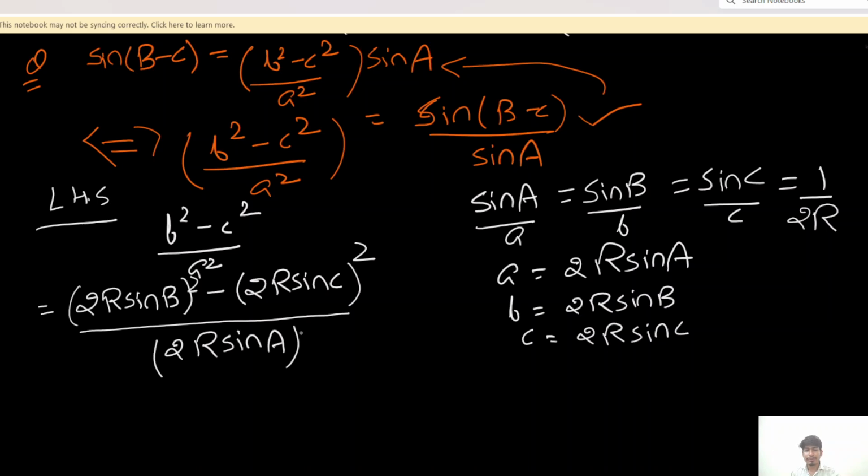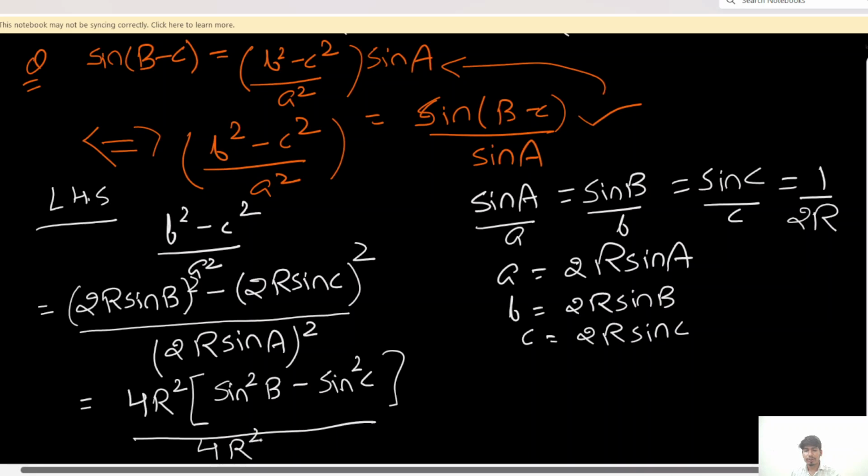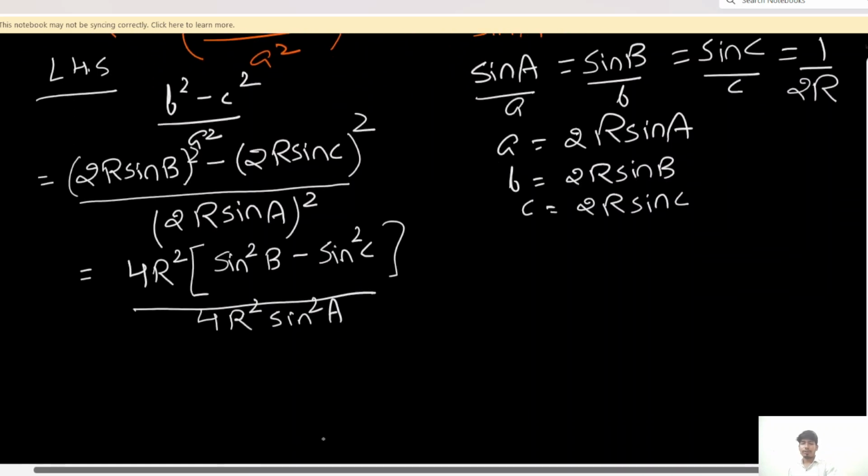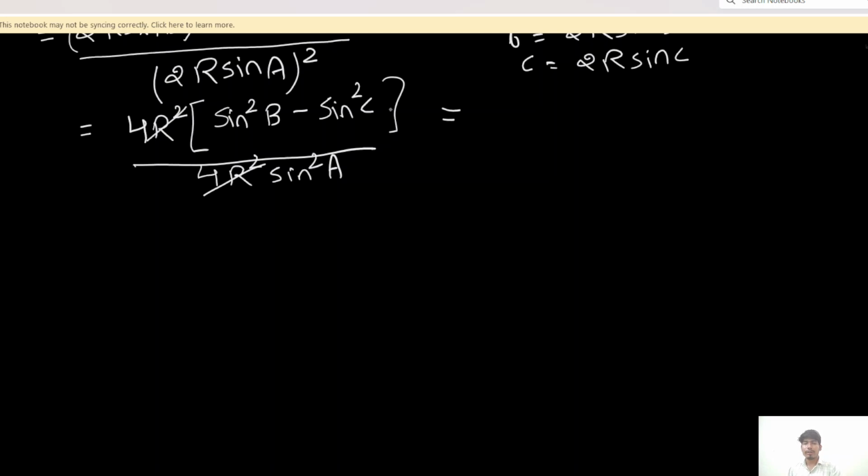Okay students, then this becomes 4r square common, this becomes sine square B minus sine square C, upon 4r square sine square A. Then 4r square cancels by 4r square, and we get sine square B minus sine square C upon sine square A.